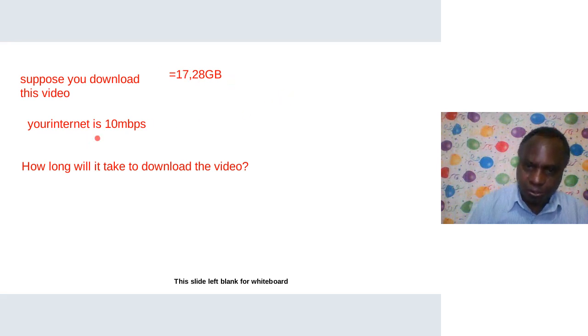So if your speed is 10 megabits per second, it would be best to make sure that you convert to the same unit. Either convert your 10 Mbps to GBs, but of course it's better the other way around, otherwise it's going to be a little confusing. It's better you convert these GBs to bits.